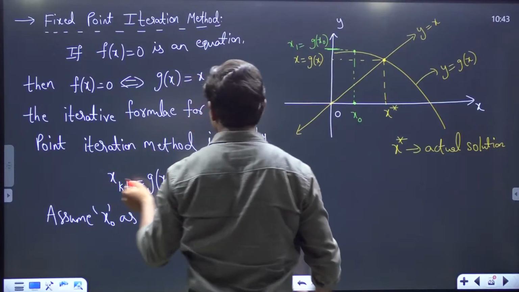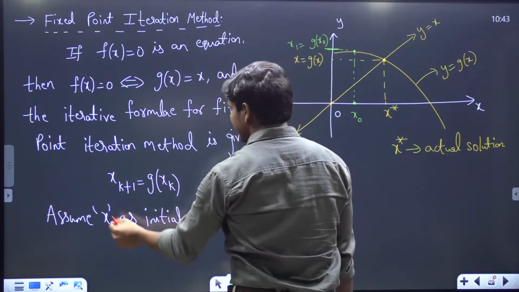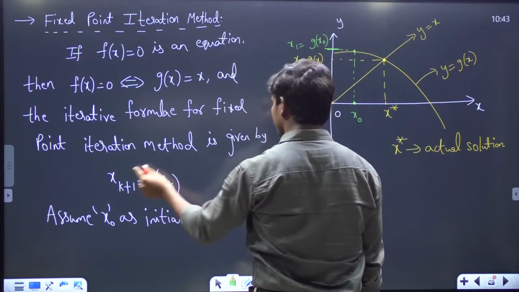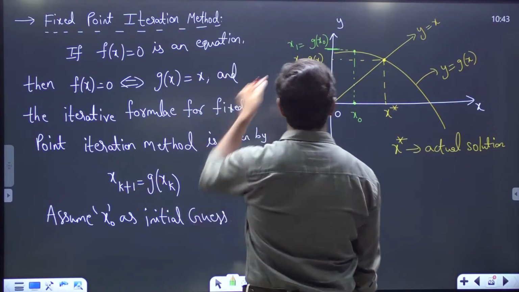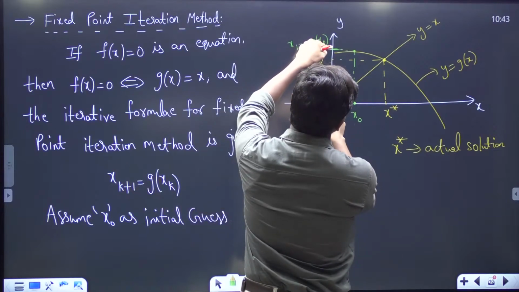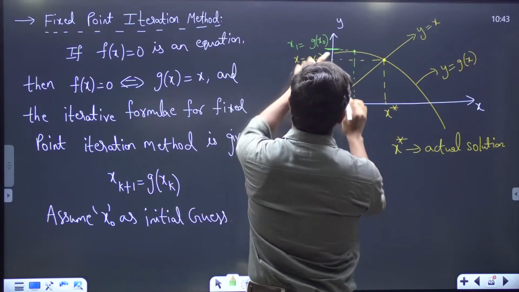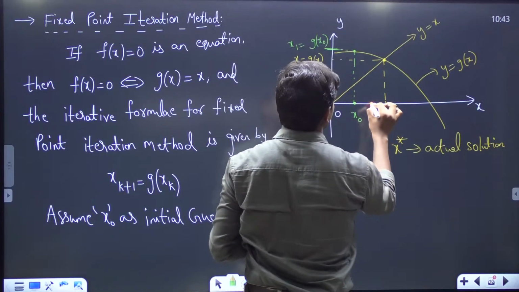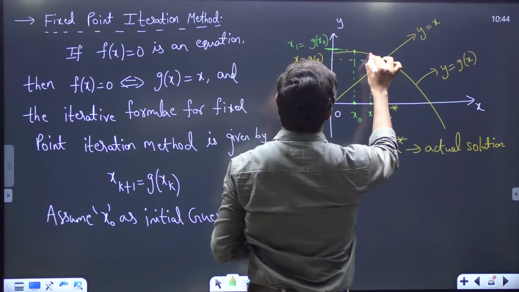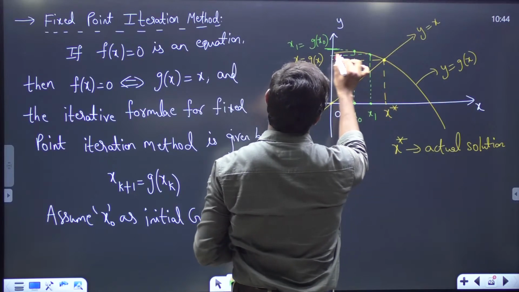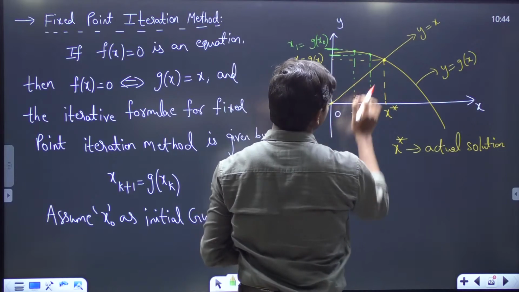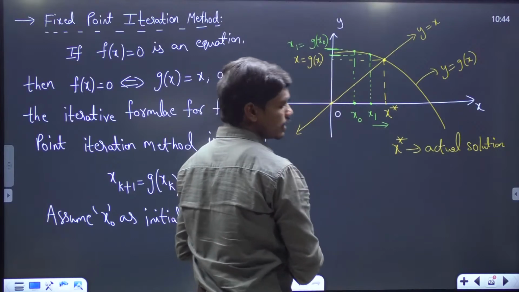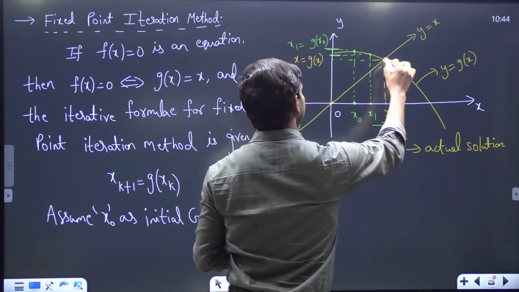Since x k plus 1 is equal to G of x k, if you put k is equal to 0, then G of x naught is equal to x0 plus 1, which is x1. So this difference, which is initially here, you will take here this time. If you equate this length with this length, somewhere here this x1 appears to us. Again, if you take this, we'll be getting some x2. In such a way, we'll be approaching this solution. Finally, we'll achieve this point where this happens.